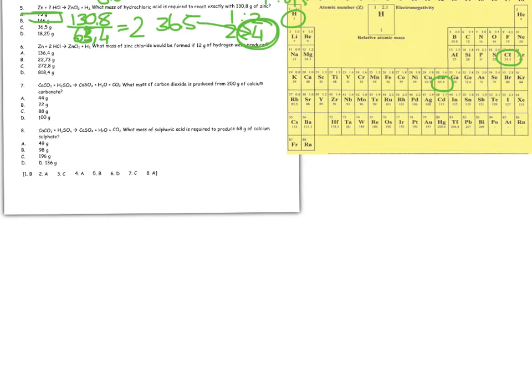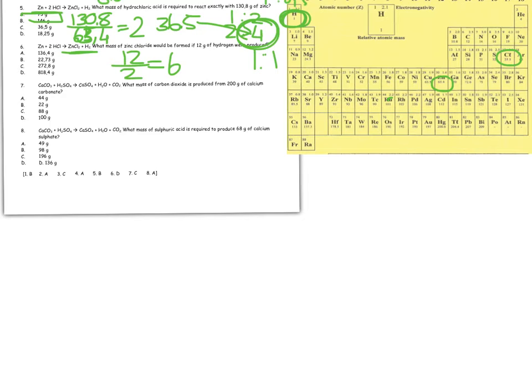Same equation. Question is, what mass of zinc chloride is formed if a certain amount of hydrogen is produced? So the relationship is between zinc chloride and hydrogen, and that's really nice because it's a 1:1 ratio. And I'm able to say I've got 12 grams of hydrogen. Hydrogen is H2, so I divide that by 2, and 12 over 2 is 6.